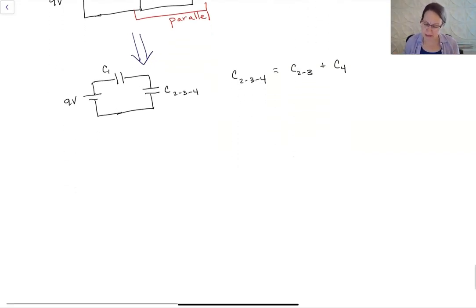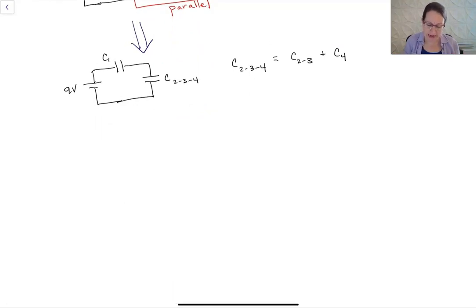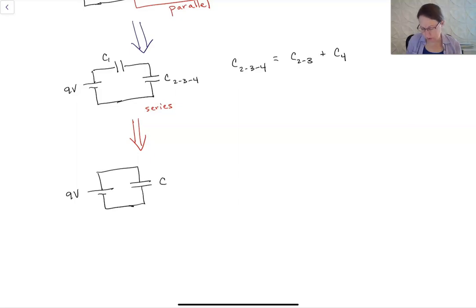Okay, and then finally, it won't surprise you to recognize now C1 and this equivalent capacitance here are in series. And so that gets us finally to our equivalent capacitance of the whole system. So C equivalent would be 1 over C1 plus 1 over whatever we find for these others, all to the minus 1.